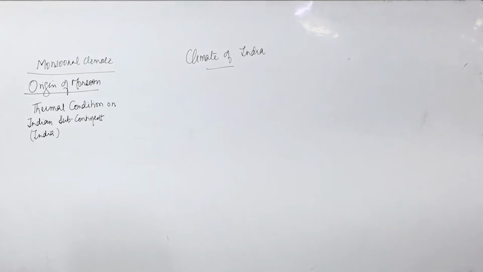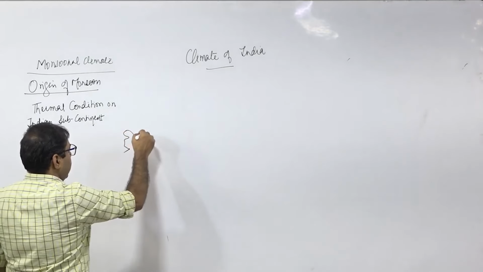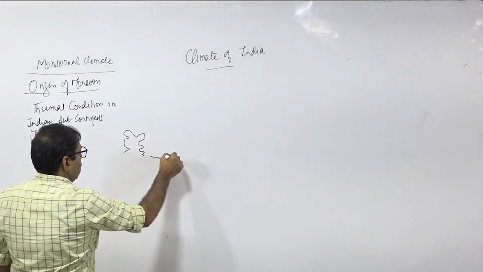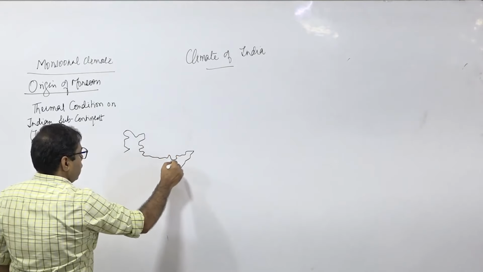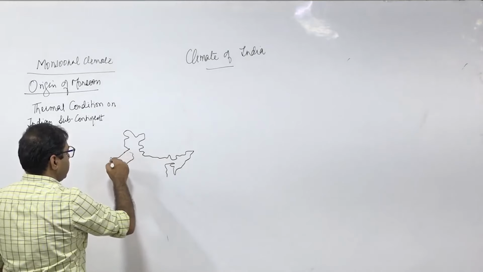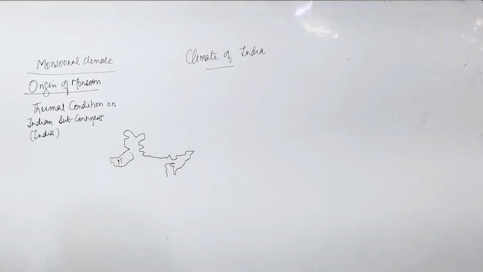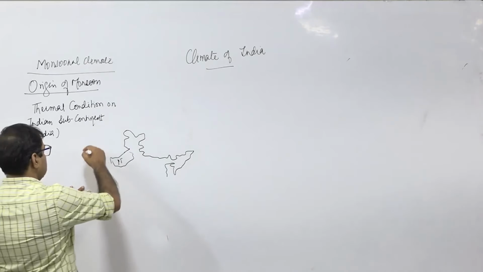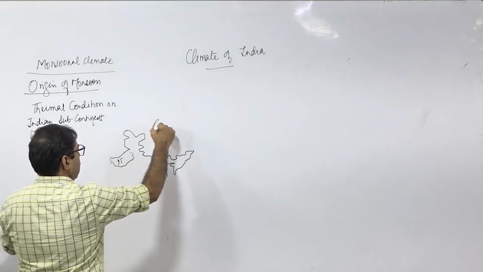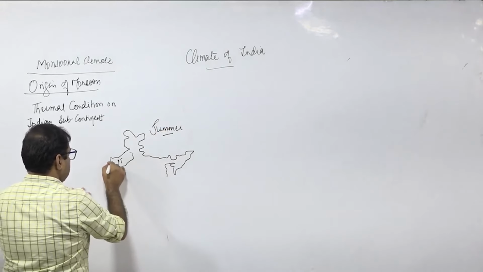Thermal condition over India means, when the land has been heated faster, what will happen? Land heated faster means the northwestern part of India. Temperature is high, right? This is the summer season of the northern hemisphere.